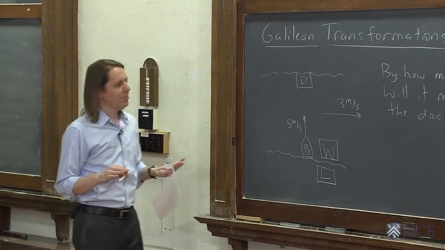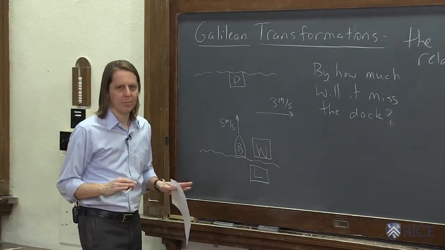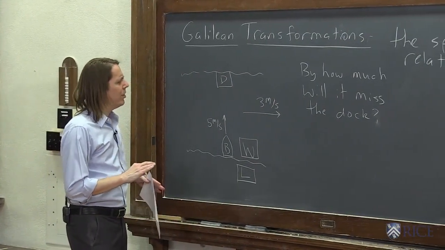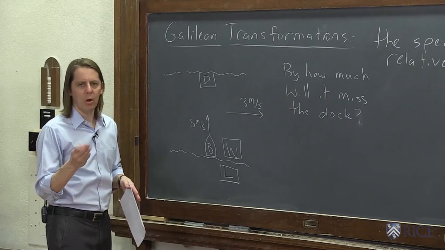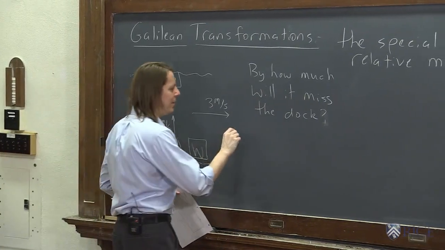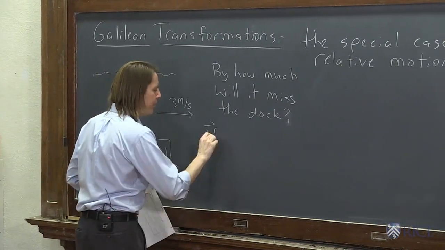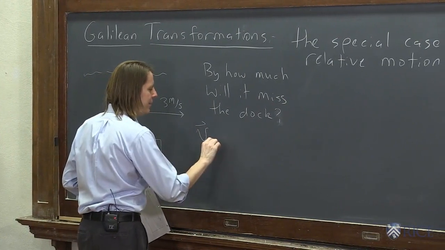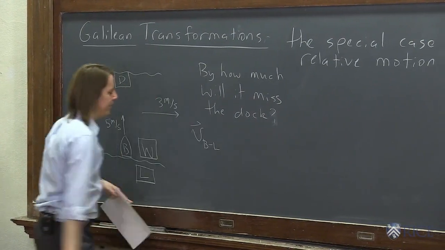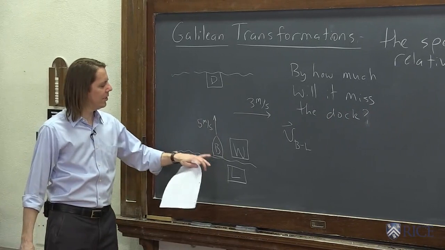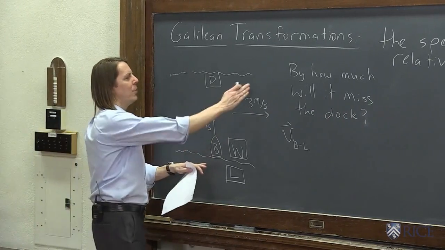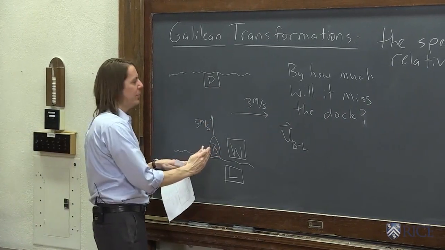Because the way you want to set up a reference frame problem is you want to say, what am I looking for? What am I trying to get? What do I want? You want the velocity vector for the boat in the land frame. You want BL, because we're trying to figure out how far it went relative to the land. And the water we know just went north.